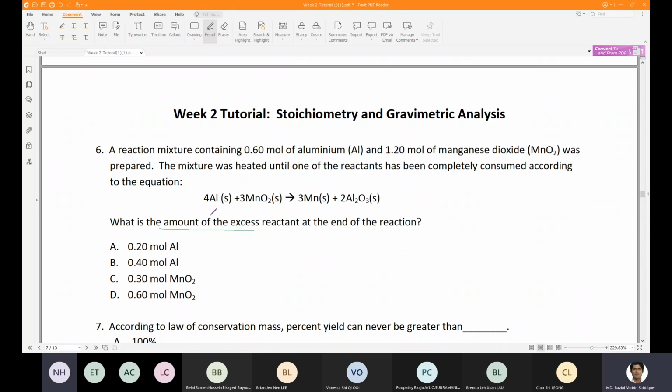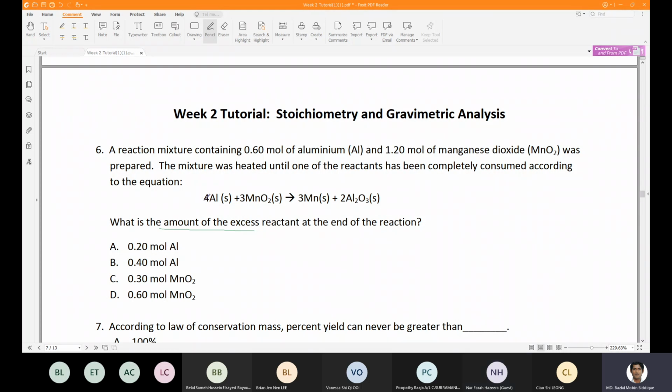Hello? Divide the given mole by the ratios. Your voice is very low, weak. Can you speak a bit louder? Hold on. Hello, can you hear? Yeah. Okay. Divide the given mole by the ratios. Oh, yeah. You have told me the inverse one.